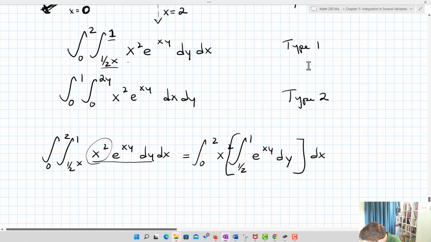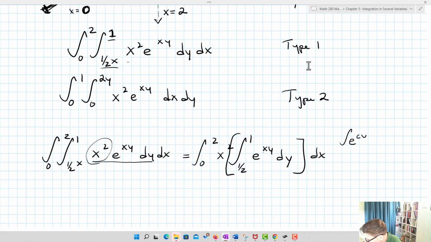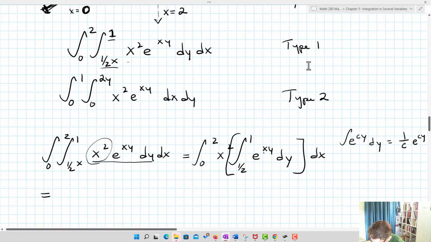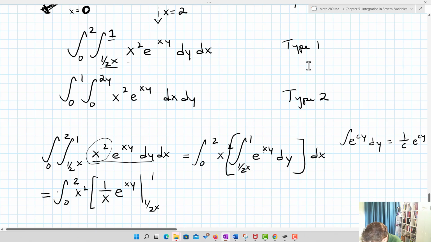Remember, if we're taking the integral of e to some constant c times y, it's going to end up equaling 1 over c e to the cy. Just as a reminder that that's what's happening there. It just happens that x is the value. So this is going to then equal the integral from 0 to 2, and then we'll have the x squared, and this is going to be 1 over x e to the xy, evaluated from 1/2 x to 1.